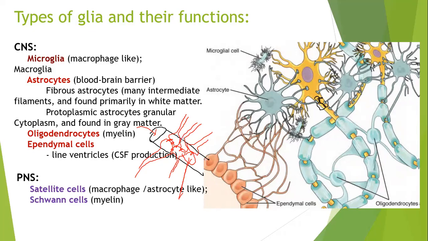So they form essentially a blanket around the vessels, and that blanket is what we call the blood-brain barrier.